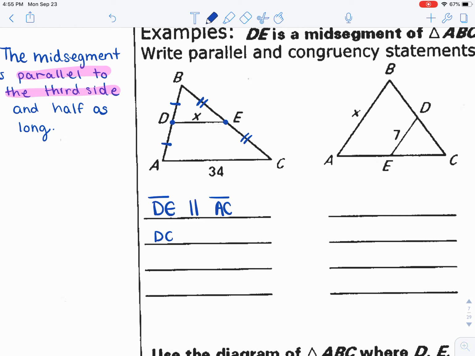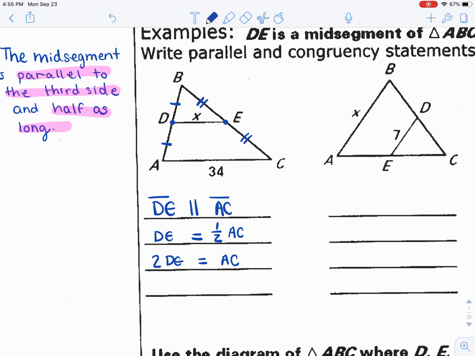So DE is half as long as the third side, AC. We talked about if it's half as long, that means that we can double it. So 2 times DE will equal AC.